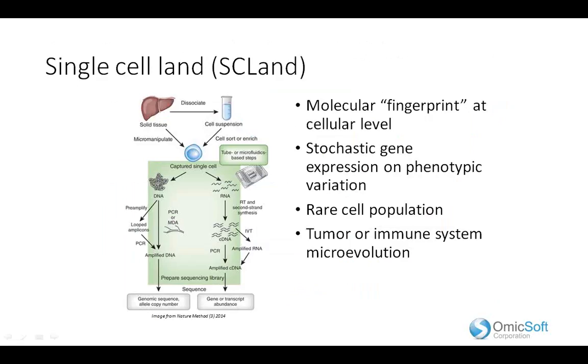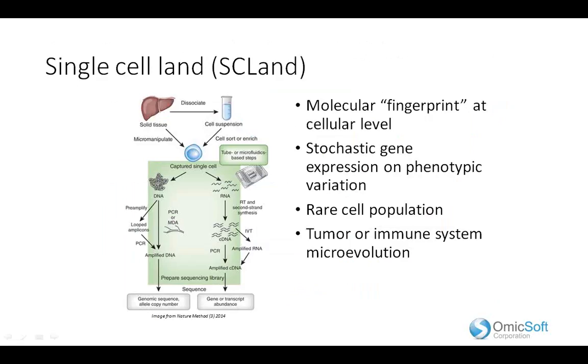Single-cell lanes can help us find molecular fingerprinting at a cellular level. It can also help us infer gene function on phenotypic variations. There are also a lot of applications, such as identifying real cell populations, and it can also help us study tumor and immune system microevolution.